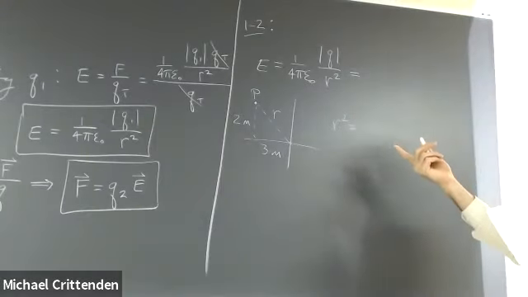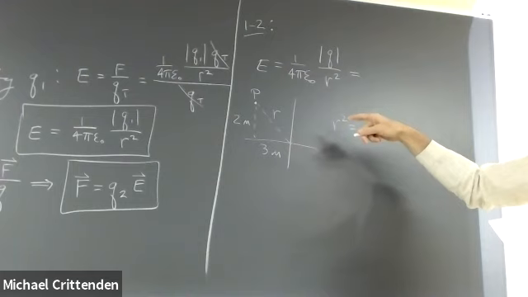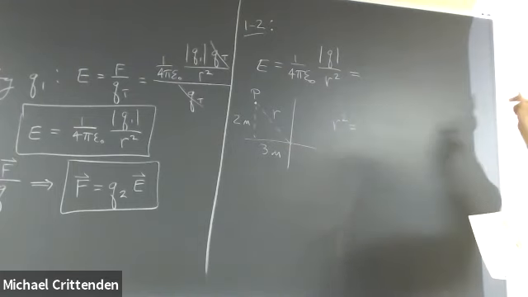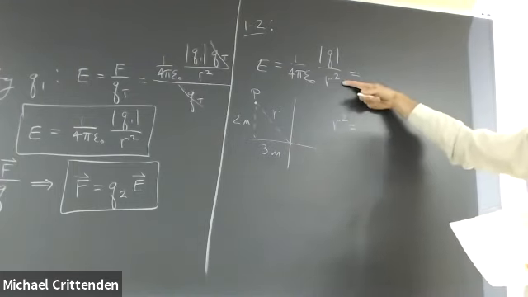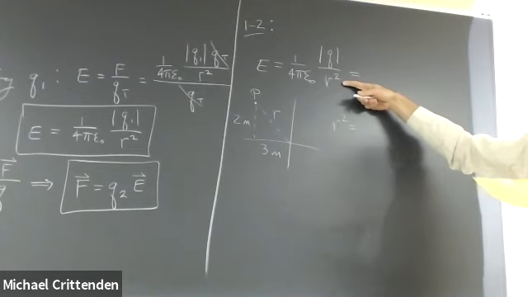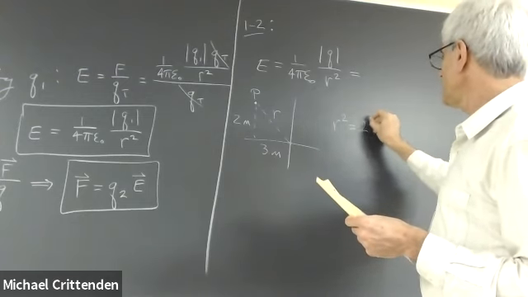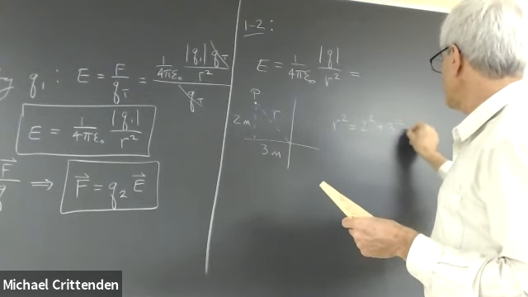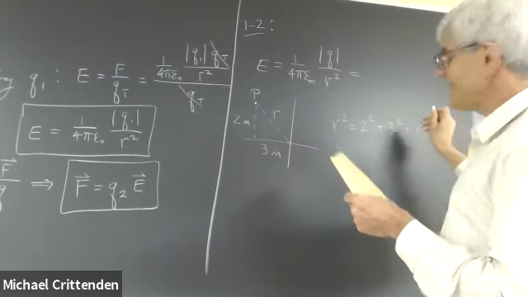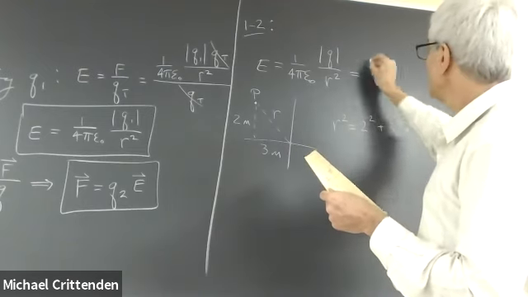Why bother taking the square root? I was about to start writing down R equals the square root of 2 squared plus 3 squared, but it's R squared that I need in there. So R squared equals 2 squared plus 3 squared, which is 13.